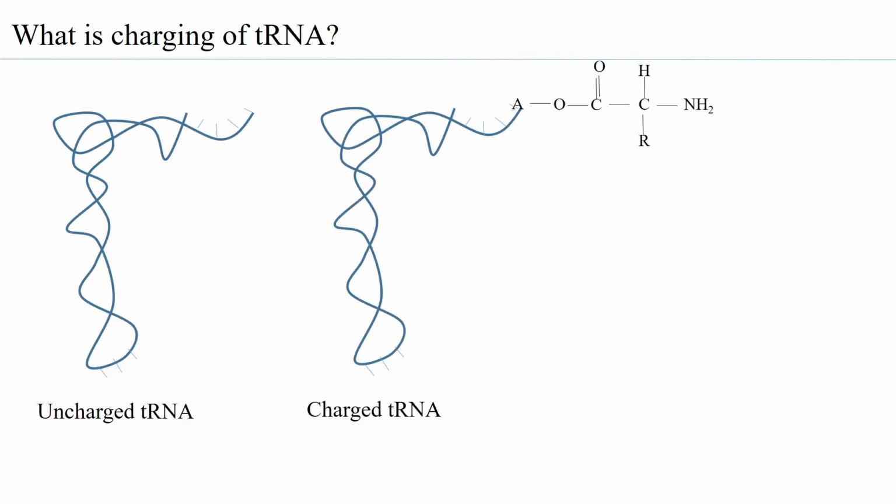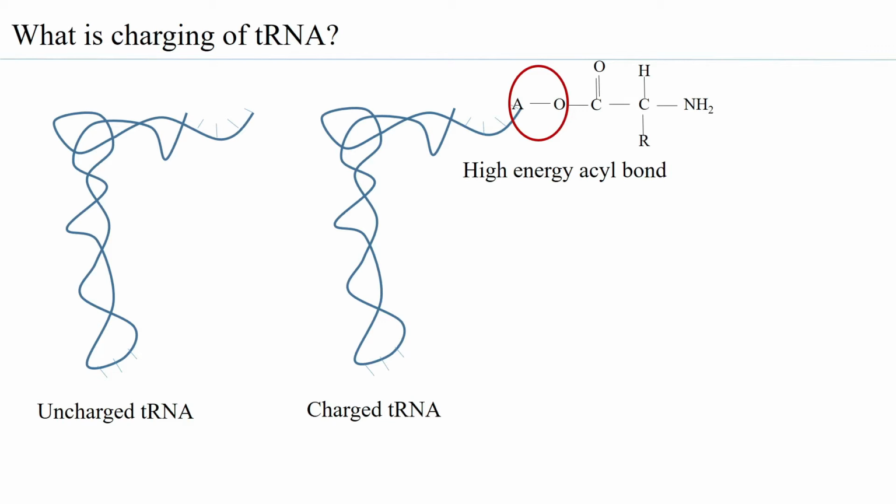Now, when the A of the CCA at the 3' end of the tRNA is in an acyl bond with the carboxyl group of an amino acid, then the tRNA is considered to be a charged tRNA. This acyl bond between the adenosine of the tRNA and the carboxyl group of the amino acid is a very high energy acyl bond.